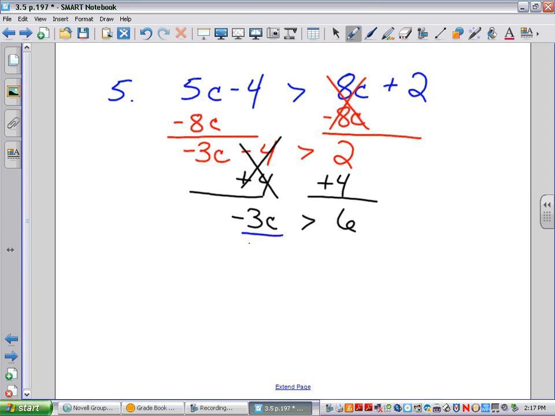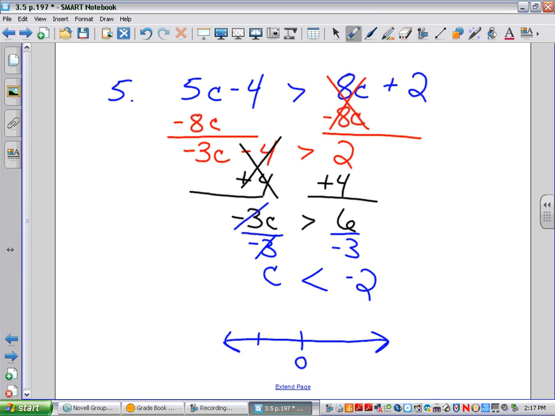Next step, divide by negative 3, which causes you to switch the sign. Mark those out. So c is less than negative 2. Negative 2. Open circle to the left.